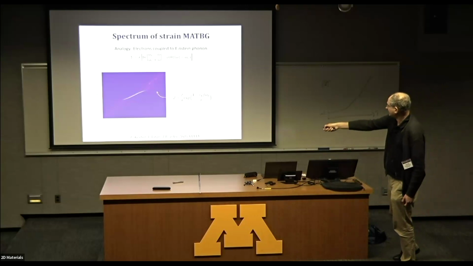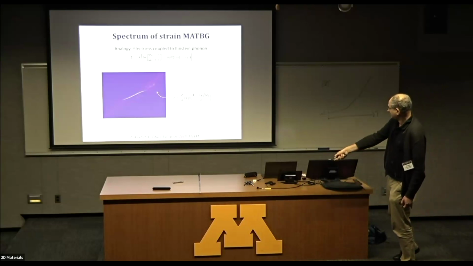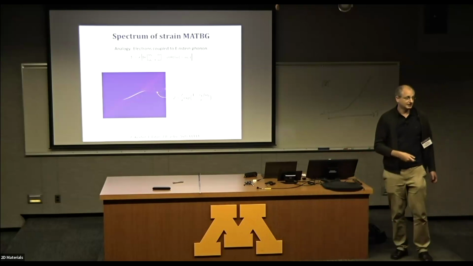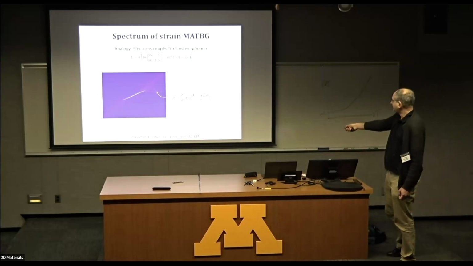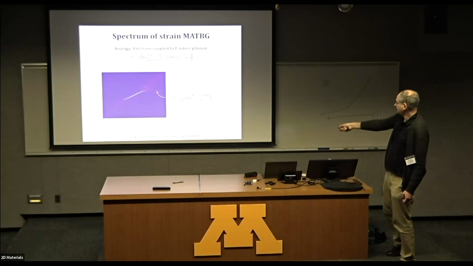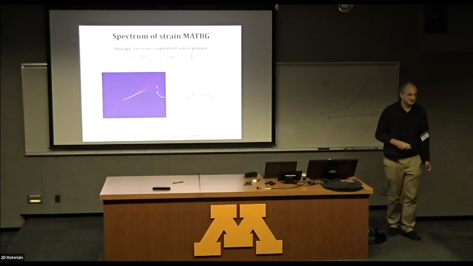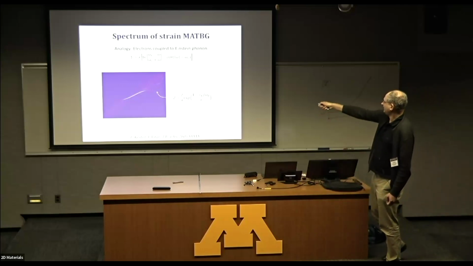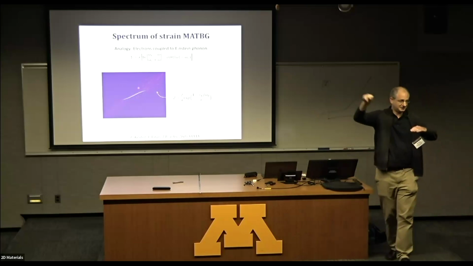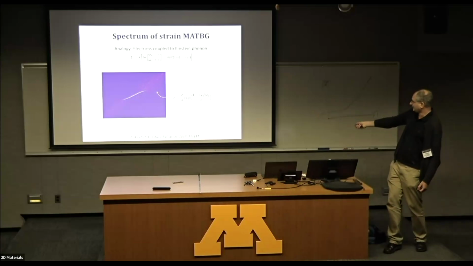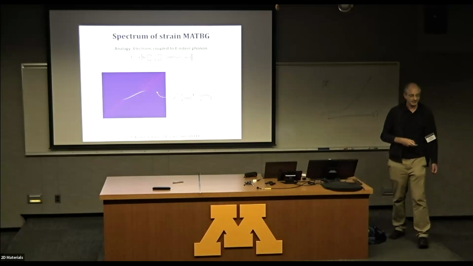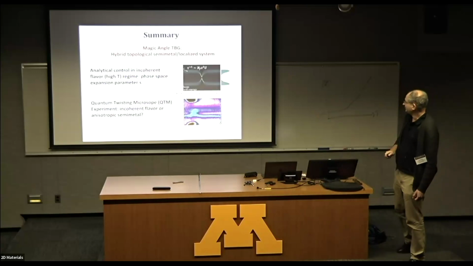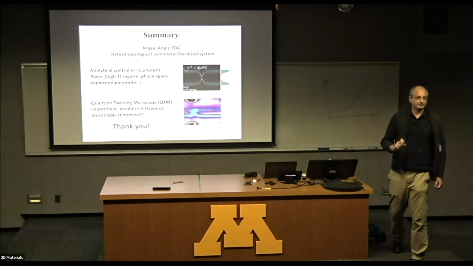But in fact, if you work it out, there is an excitation which persists at the frequency omega naught. Its spectral weight becomes exponentially small when you go away from the crossing point. That's why, I guess, it's not discussed very much. But in TBG, this band is not dispersing, it's actually flat. So this is why it can have a substantial spectral weight. Okay, let me finish there, and thank you very much.